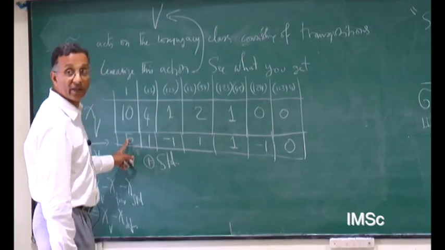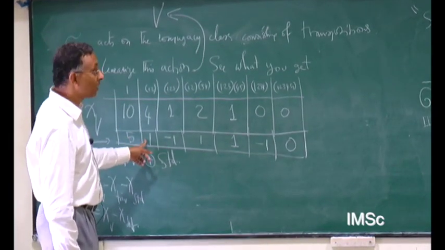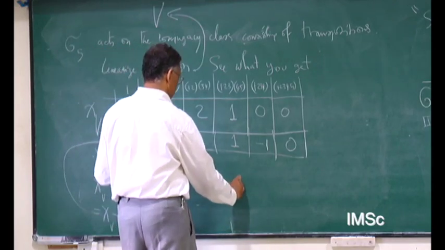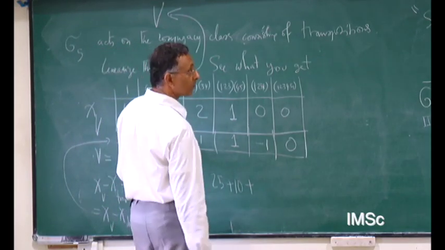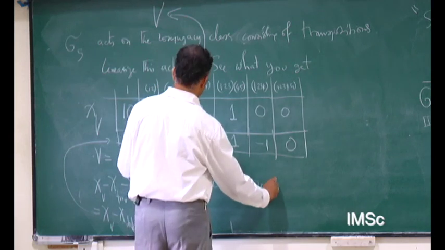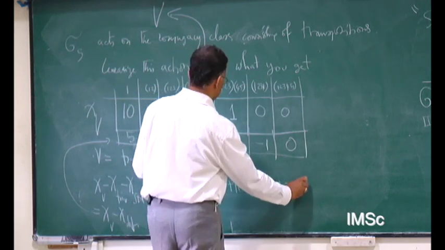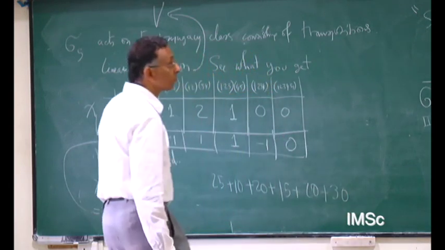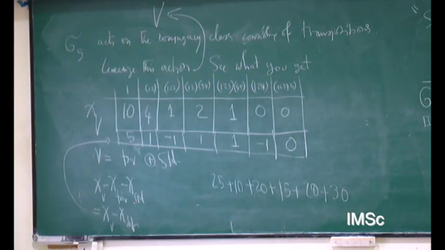This is 25, plus 10, plus 20, plus 15, plus 20, plus 30. So how much is that? 40, 60, 70, so the bar. Got it.